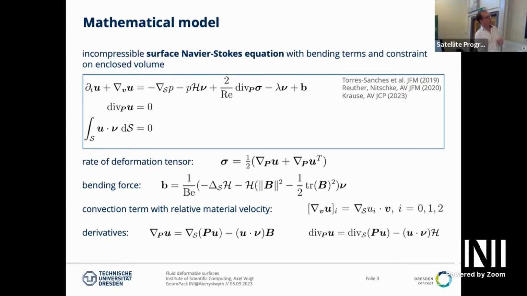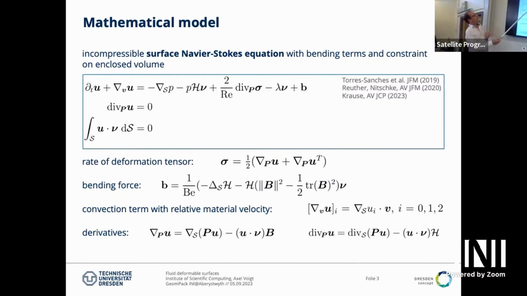It's a projection of my velocity to the tangent plane, and then the covariant derivative. But in addition, we also take into account the normal component of our velocity, and B here is the shape operator. And the divergence is the dual of this in this form. Okay, so these are the differences.